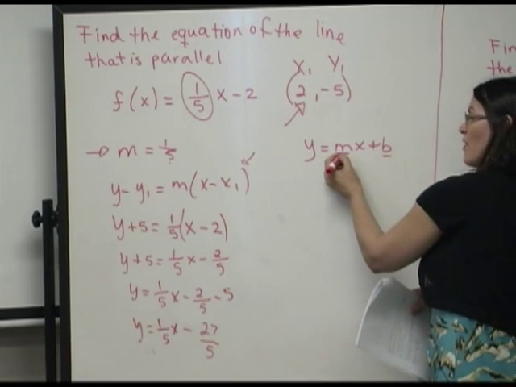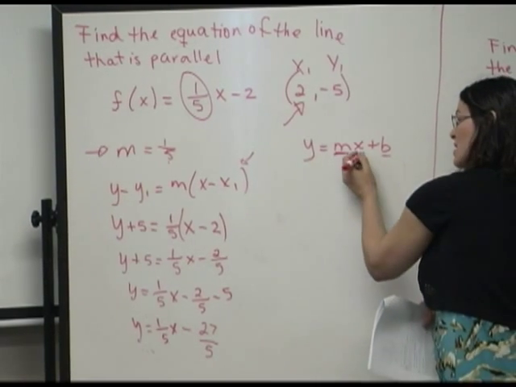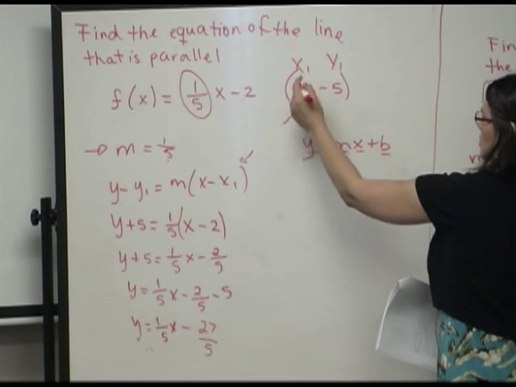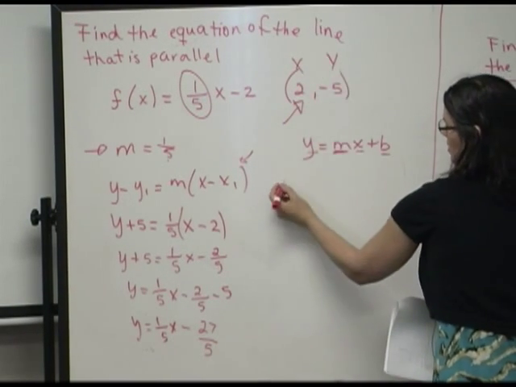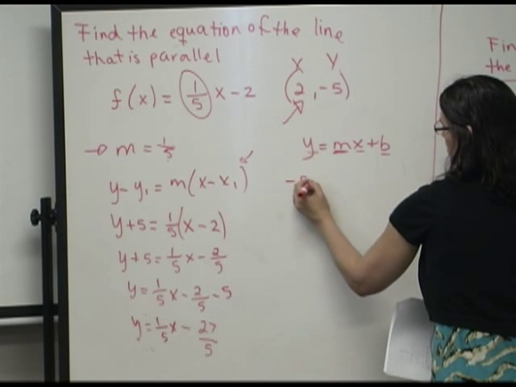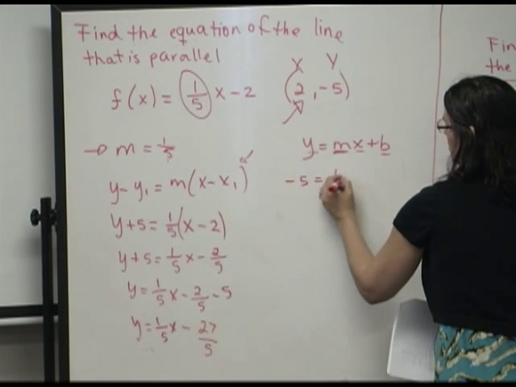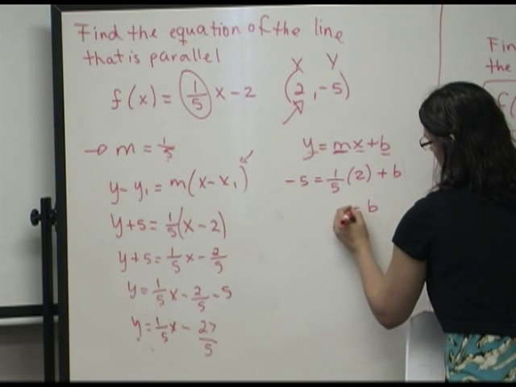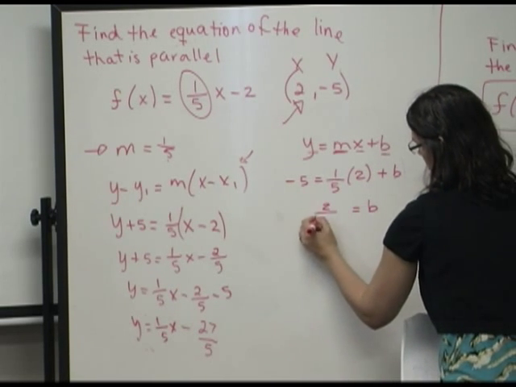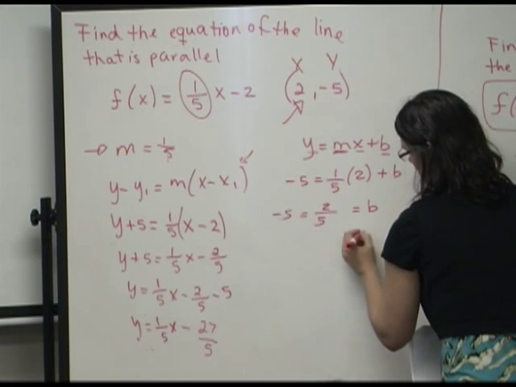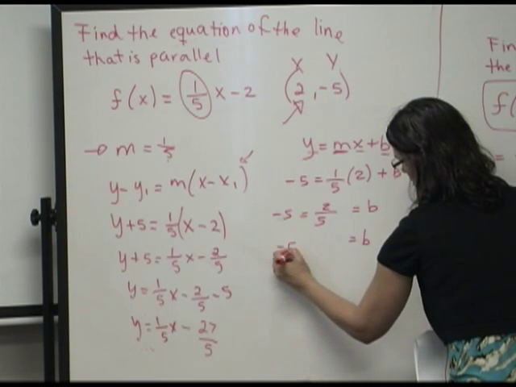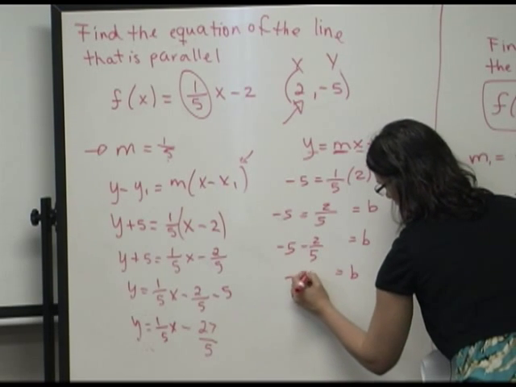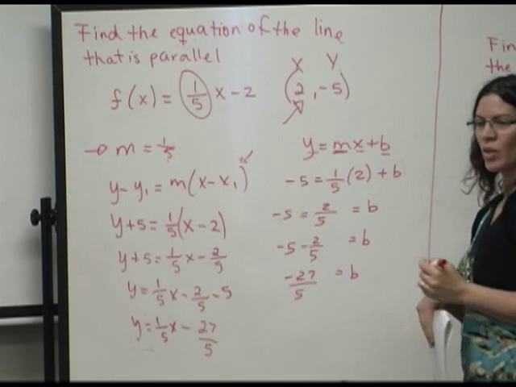Now, you have m, so you have an x and you have a y. Can you find b? That's the only thing you need to find, b. Go ahead and substitute the y. You found b.